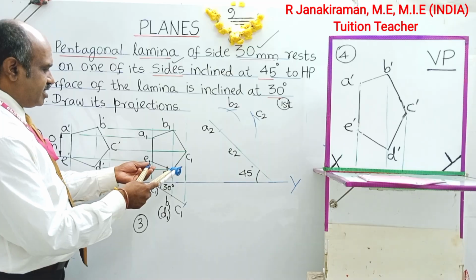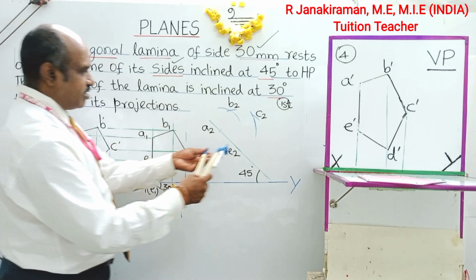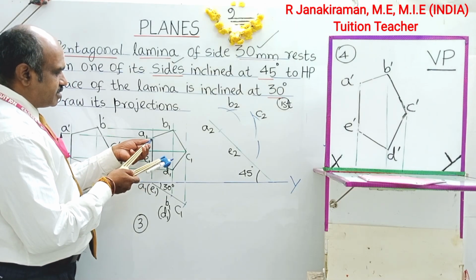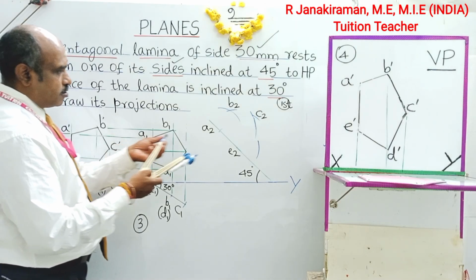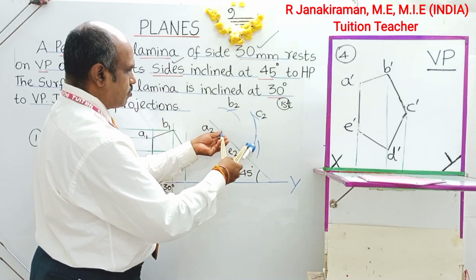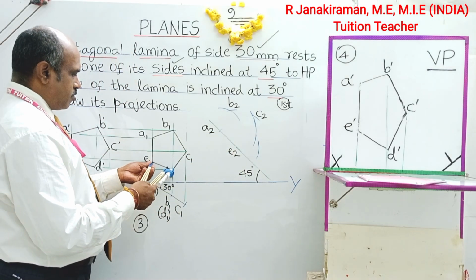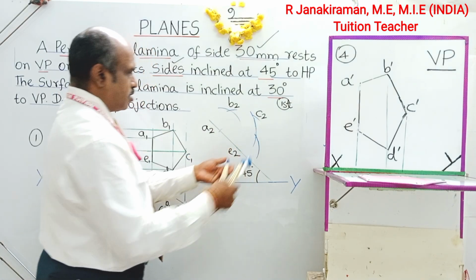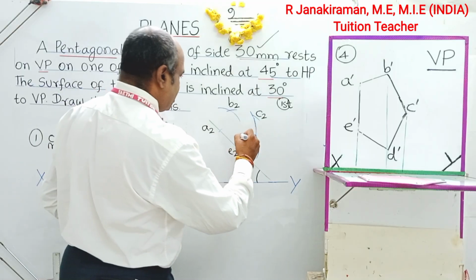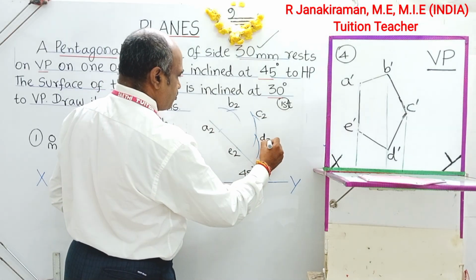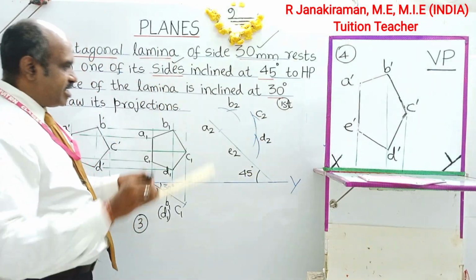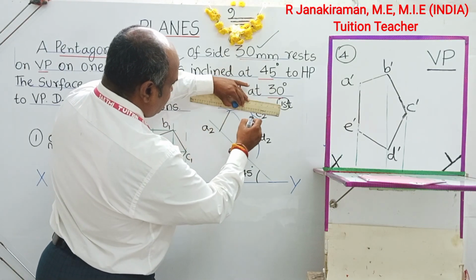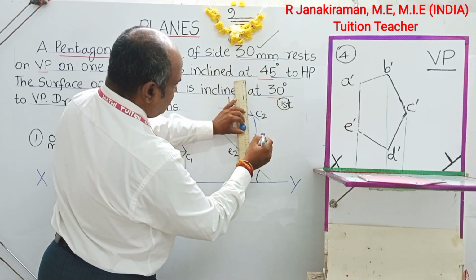Next we go for D. The ED distance is taken in the compass, and the AD distance is taken in the compass. So this point shall be marked as D2. Join all those points using a freehand scale and an HB pencil, as it is an object line, a visible line.